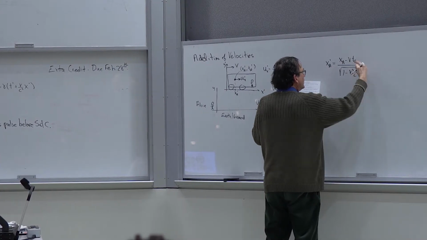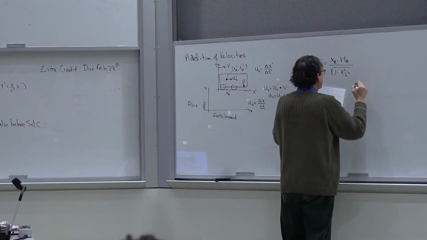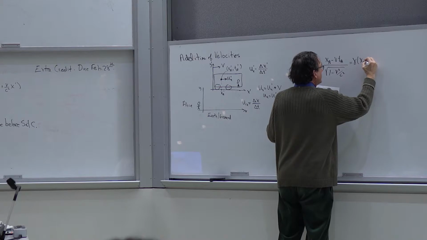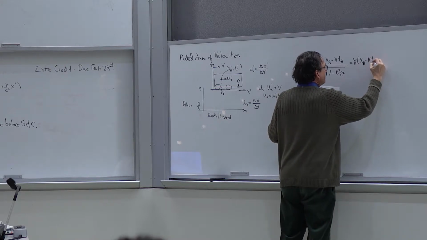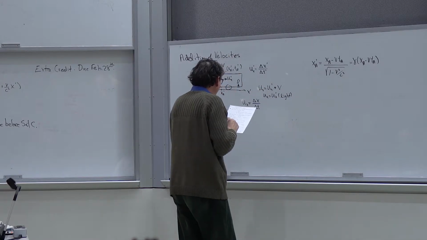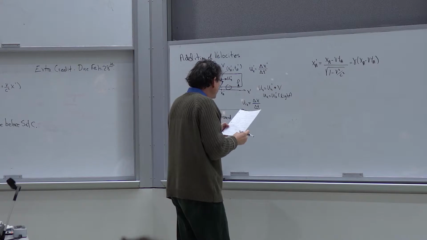Or 1 over this denominator is what we call gamma. So remember we said that we can also write this as gamma times x sub a minus v times t sub a. Okay. That's what x sub a prime is.